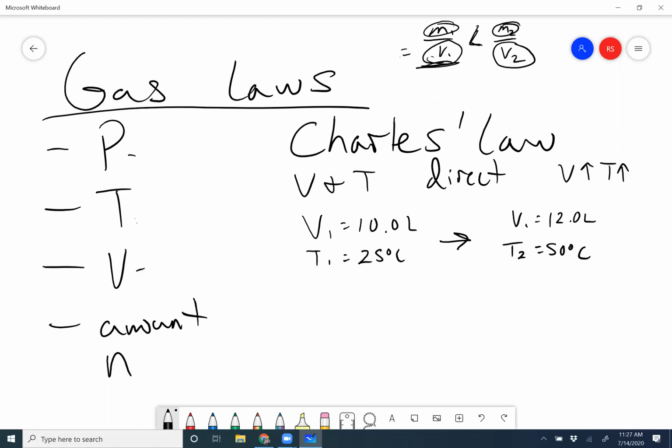Now, that's exaggerated just for the sake of numbers. It'd probably only be 11, to be honest with you. Be less than that. He noticed that even though it looked like he doubled the temperature, the volume barely changed.